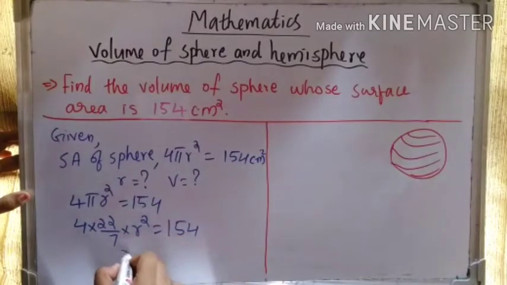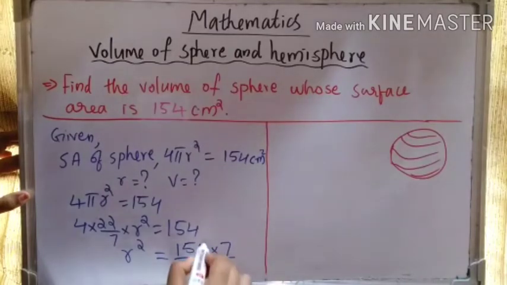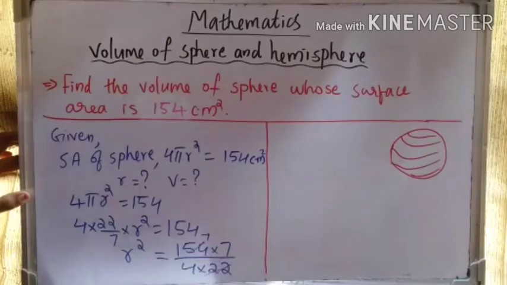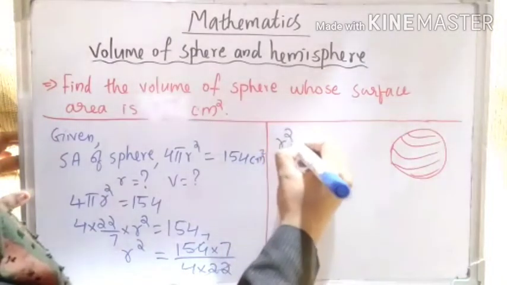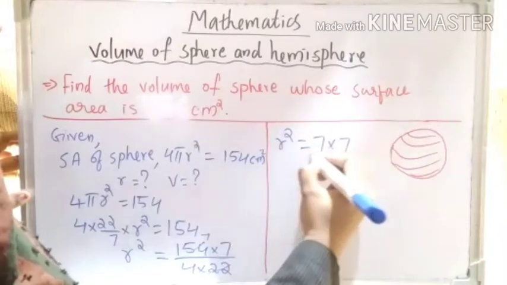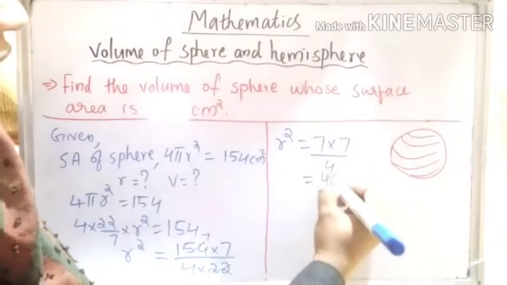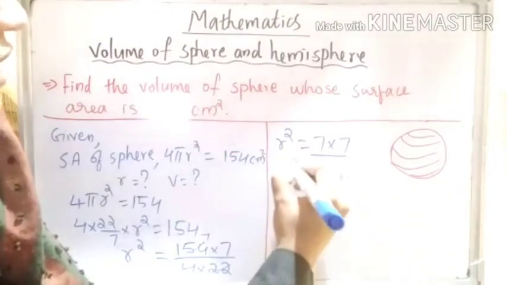Then what is r square here? r square is 154 into 7 divided by 4 into 22. 22 and 154 cancel here, 7. Then r square is equal to 7 into 7 divided by 4, that is 49 by 4.